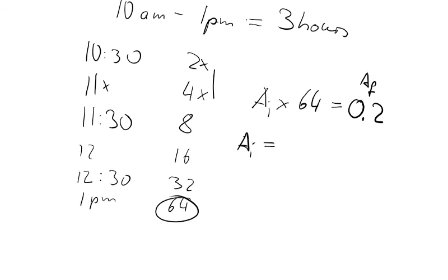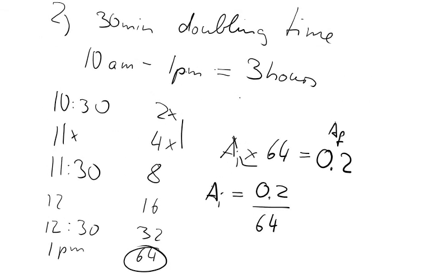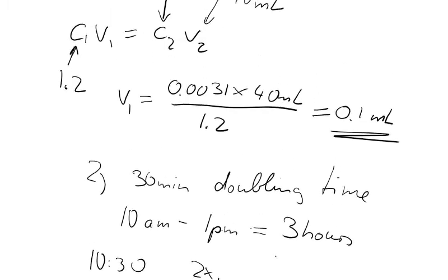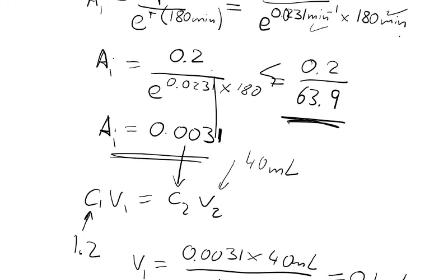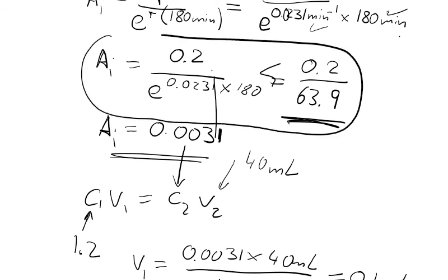A initial equals 0.2 divided by 64. Which is pretty close to what we said here with this equation here. Right? That it is 63.9 and not 64, it's just simply due to rounding errors.